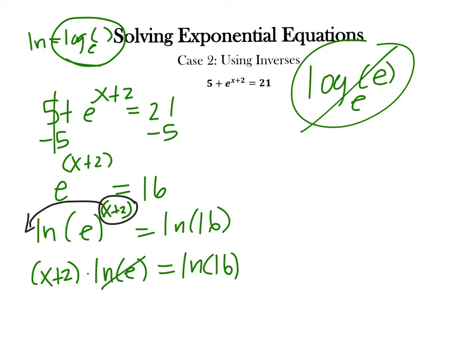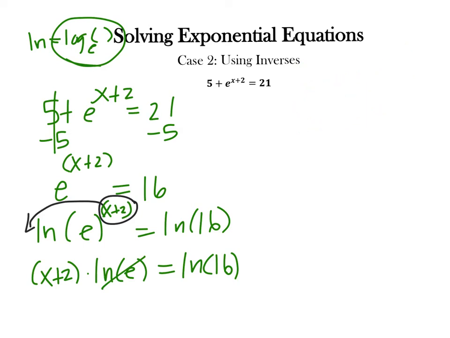Okay, so what am I left with? I'm left with x plus 2 on the left equals natural log of 16. So x plus 2 equals, since this canceled out, this is equal to 1, the natural log of 16.